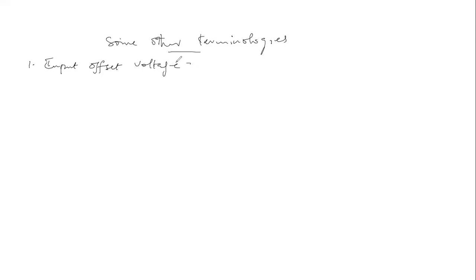Now, in ideal op-amps, for a zero input voltage, Vin equal to 0, then the output voltage is also equal to 0 because V0 is the same as AVin, right? This is in the case of an ideal op-amp, okay? But when we consider non-ideal op-amps, there may be a small direct current voltage at the output, even when there is no differential input voltage applied.